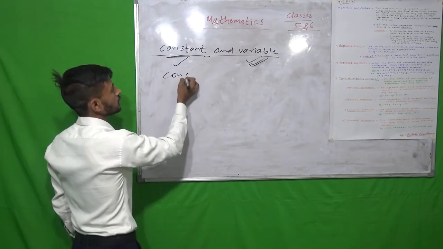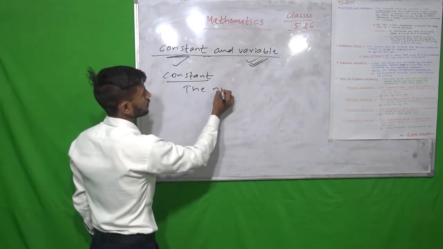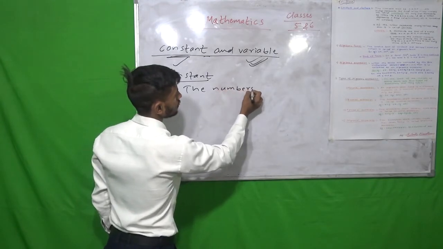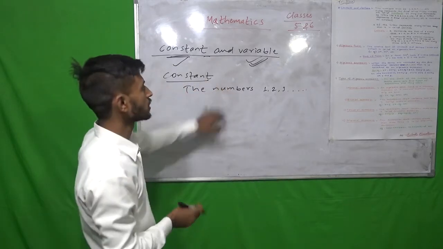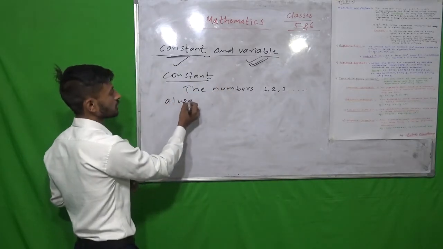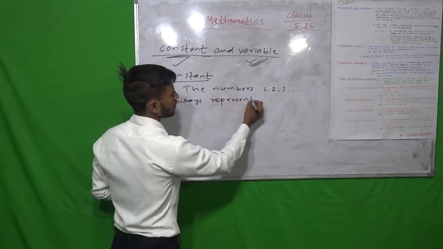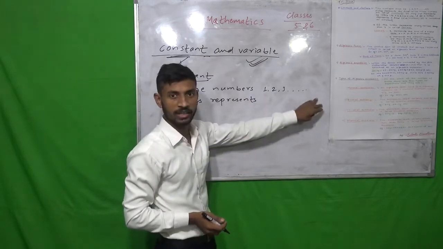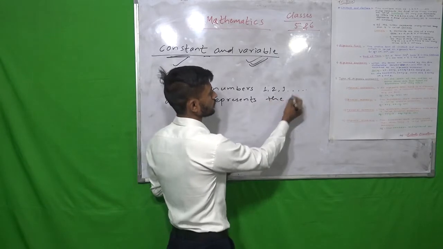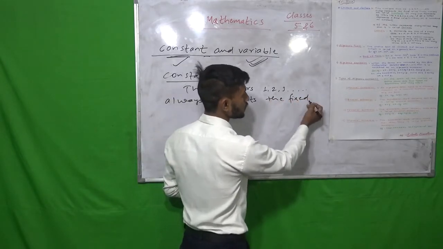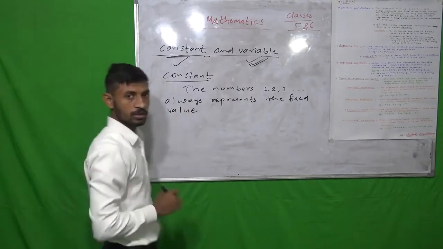Here the numbers 1, 2, 3 like this always represent a fixed value, which means only one value. Fixed means having only one.